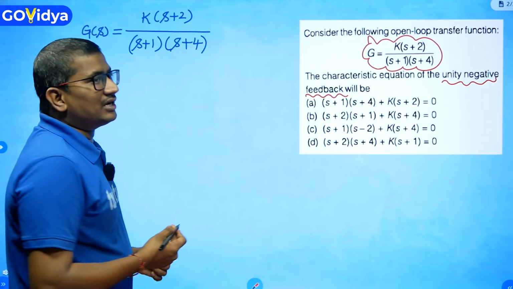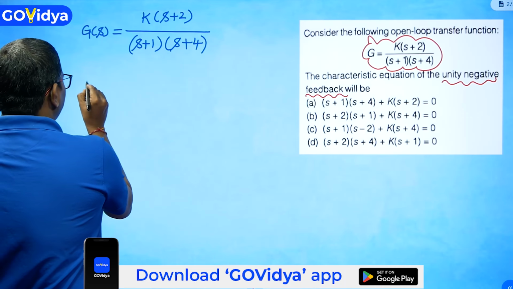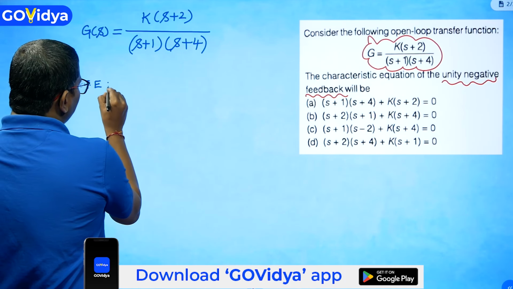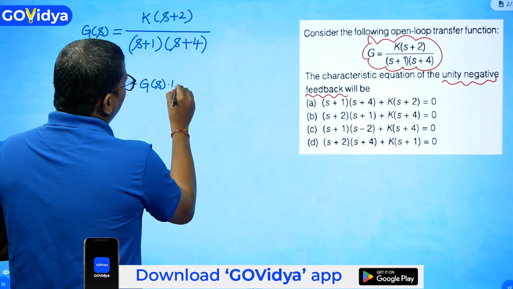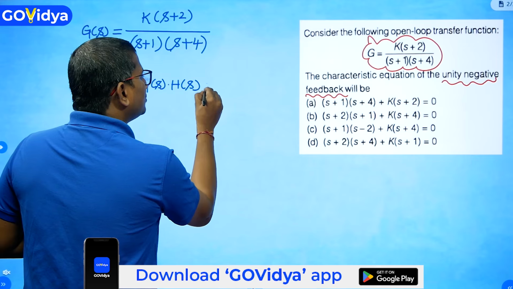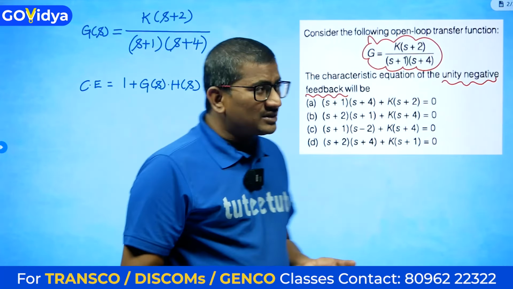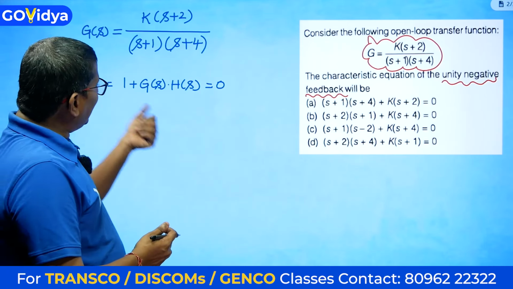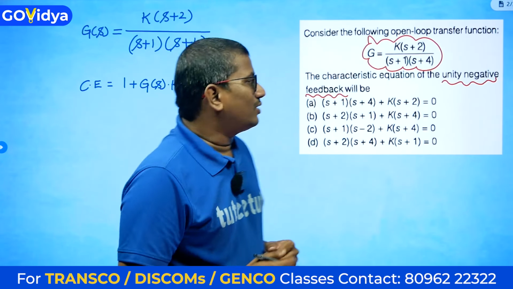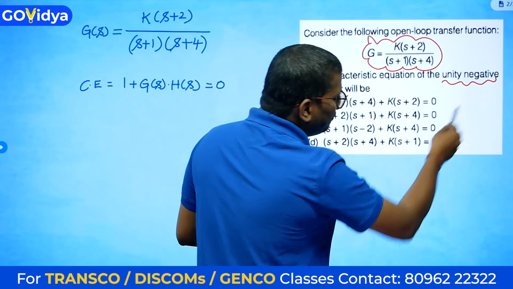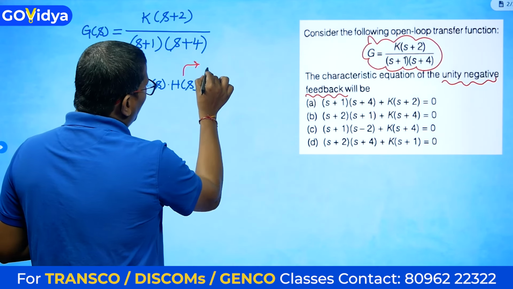For a negative feedback system, the characteristic equation is 1 plus G(s)H(s) equals 0. If it is a positive feedback system, the characteristic equation becomes 1 minus G(s)H(s) equals 0. As per the question, it is unity feedback, which means H(s) is 1.